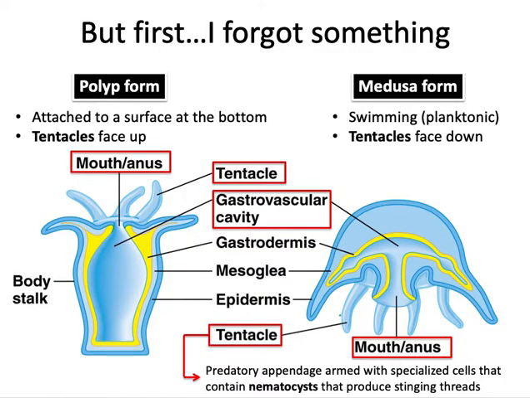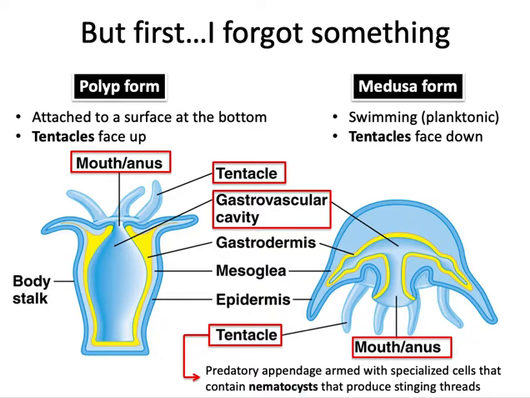Many of you know that if you step on a jellyfish at the beach, you can get stung. In the tentacles, there are cells that line the surface of the tentacles, called cnidocytes, and they have organelles that produce these stinging threads.